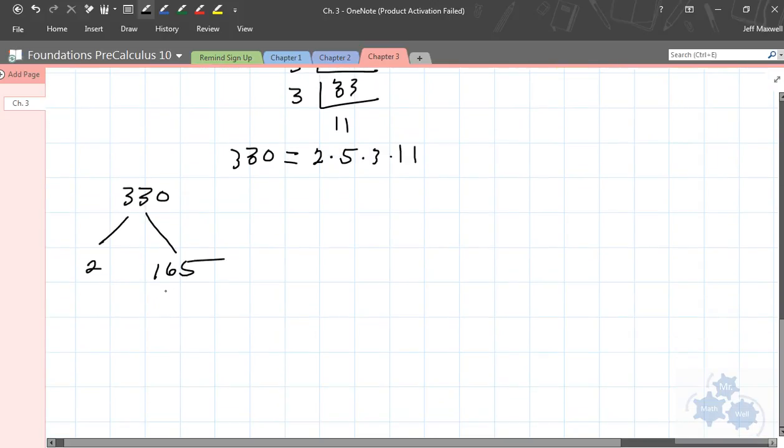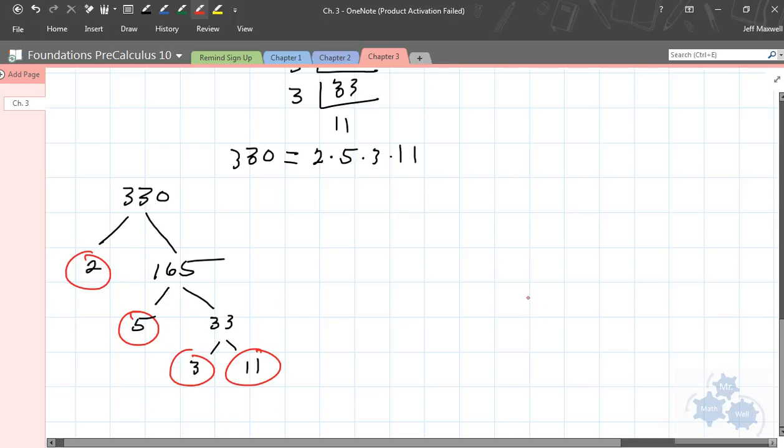And then 165 you can split up, right, into, what is it? Did we say 5 and 33? And then 33 can be split up into 3 and 11. So this is the factor tree method. And when you get down to the last factor being prime, there you go. There's your list. Same thing. So you might like that method too. I think the latter one is a little bit quicker.